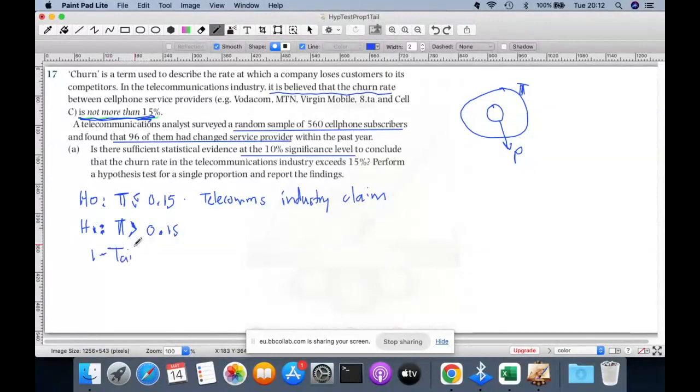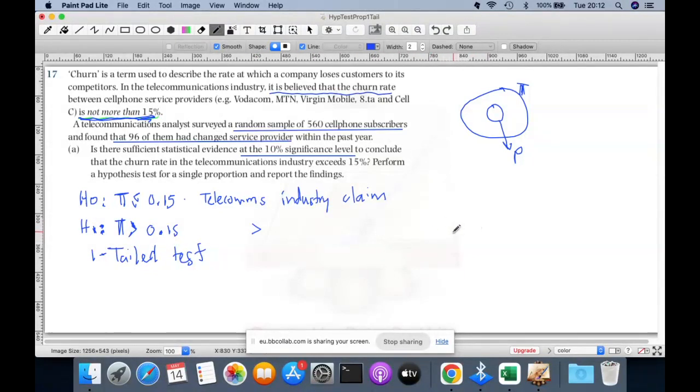But you also need to specify, is it an upper test or lower? Now, for me personally, how I identify it is I use the symbol for H1. The symbol for H1 is this here. I think of it as an arrowhead that points to where the rejection region is.